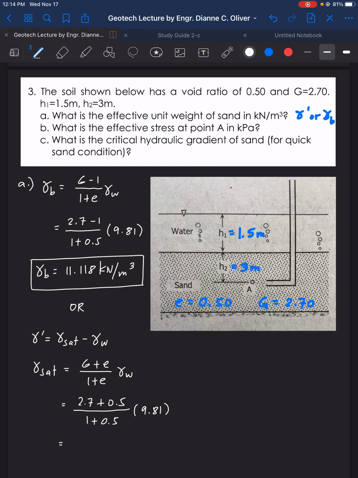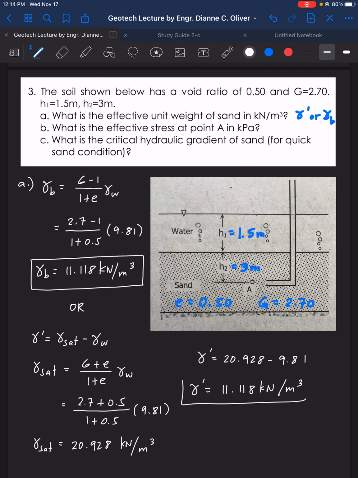So gamma sat is now equal to 20.928 kilonewton per cubic meter. Therefore, gamma prime or gamma effective now is equal to 20.928 minus 9.81. That is equal to 11.118 kilonewton per cubic meter.